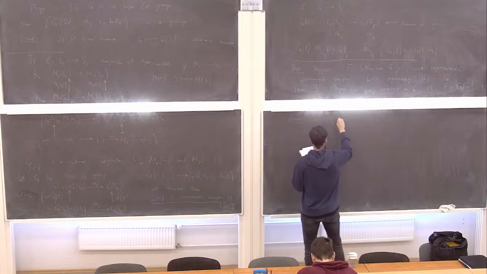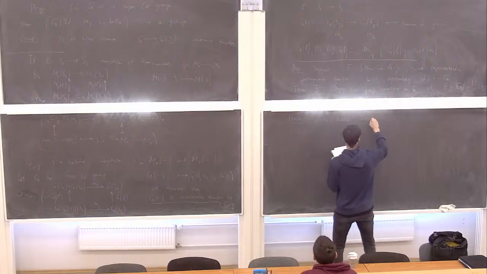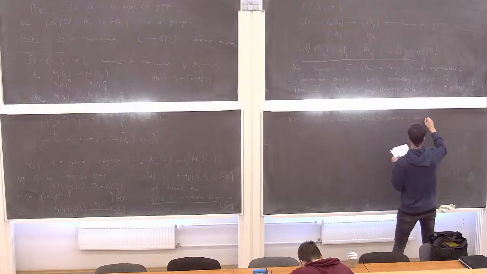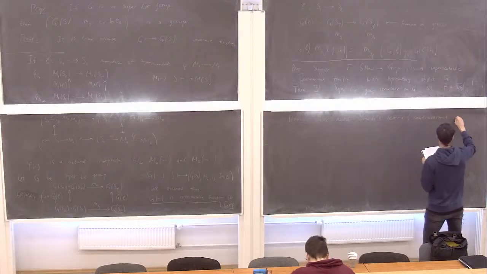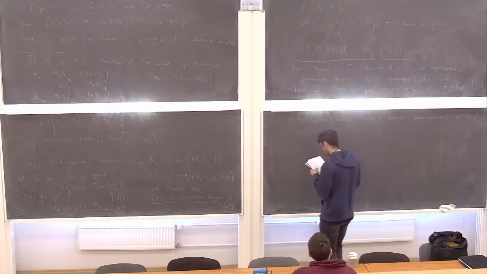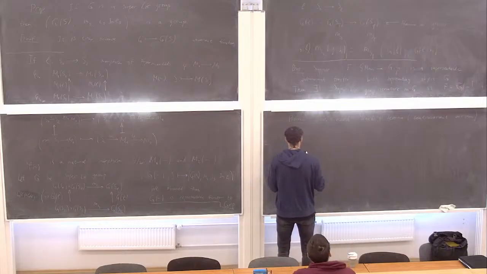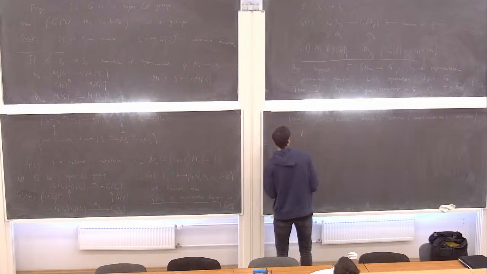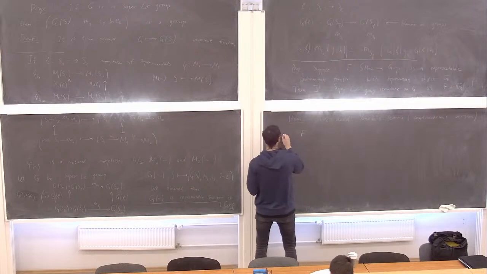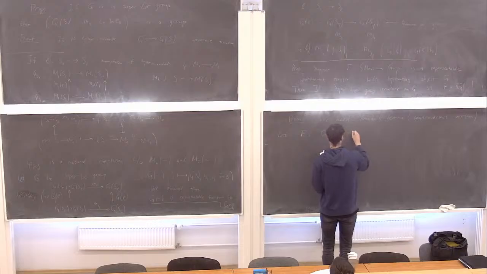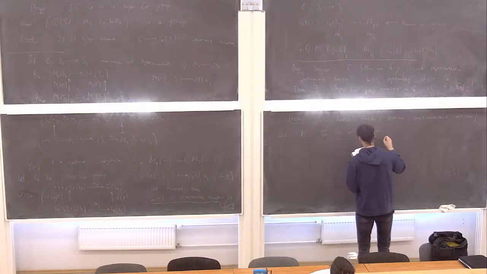So we need Yoneda lemma, contravariant version. Right, it says that the map, so suppose that F, let F from some category to set, it's a contravariant functor.